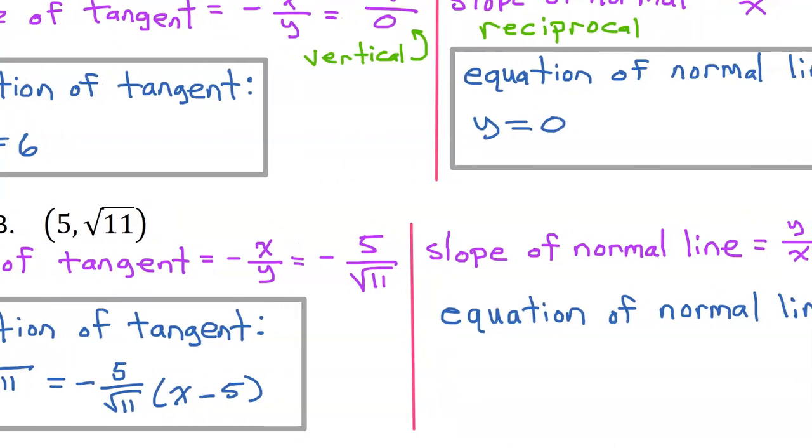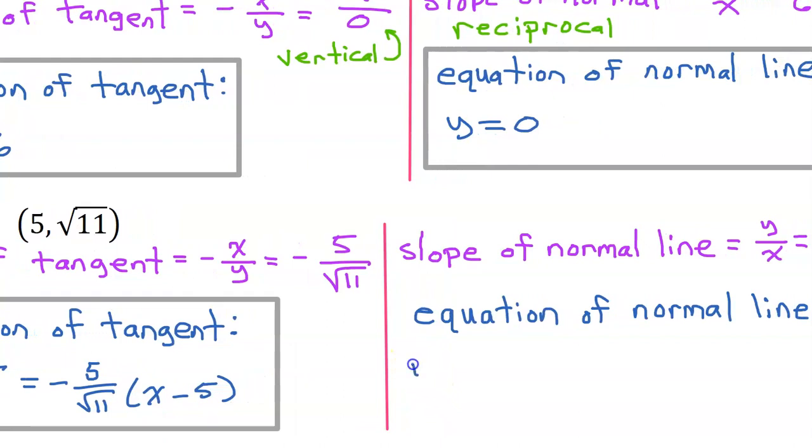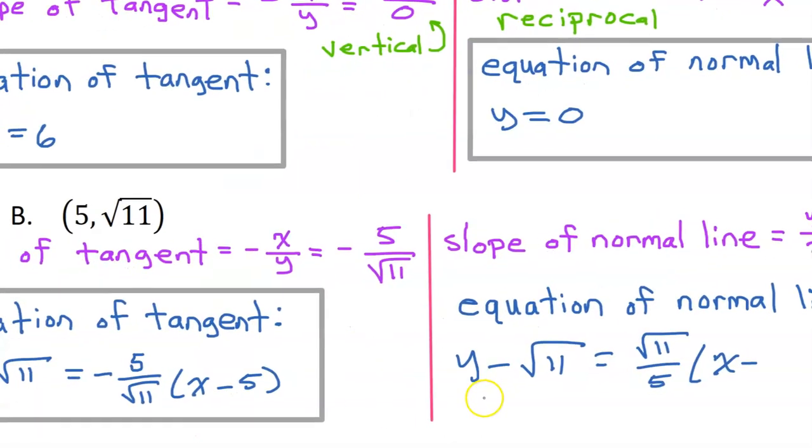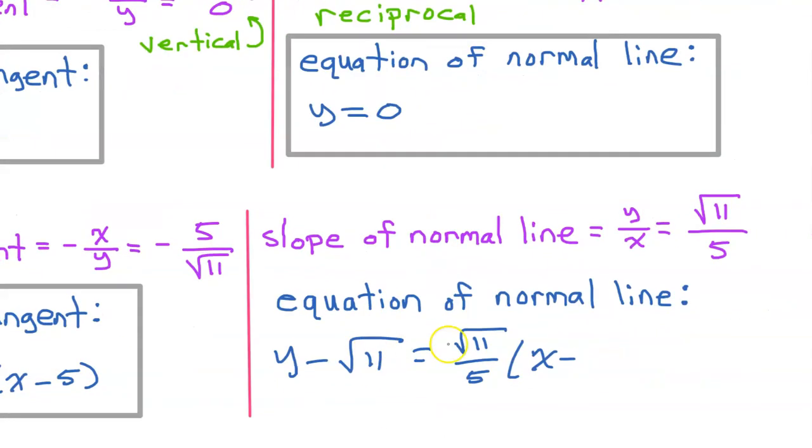So it's just going to be y minus radical 11 is equal to the slope, which is radical 11 over 5, times x minus 5.